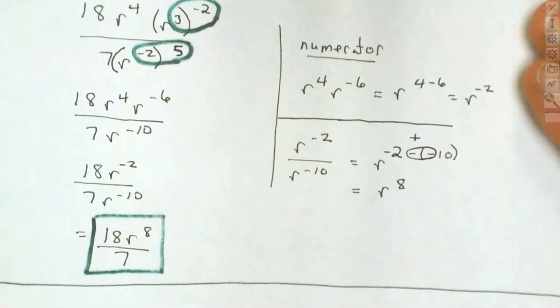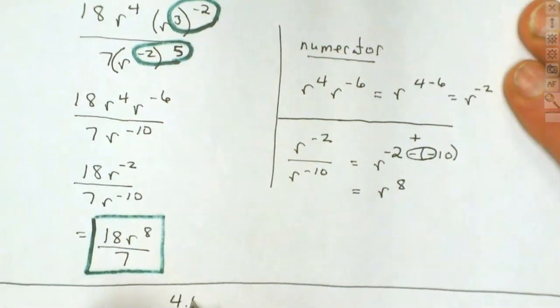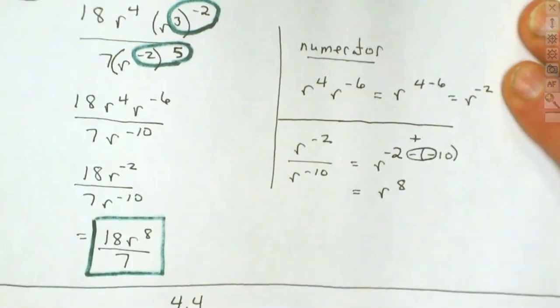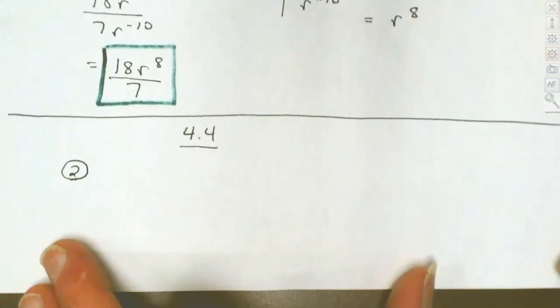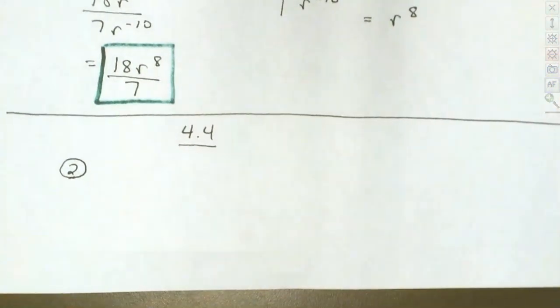We did have a few questions out of 4-4 to look at next. So 4-4, we're going to look at question 2. And these are multiplying out the polynomials.